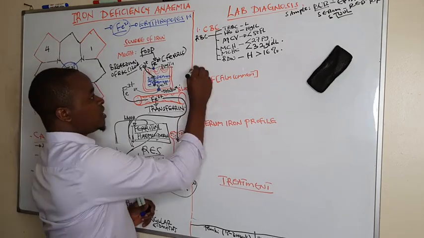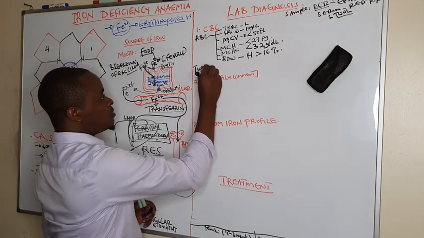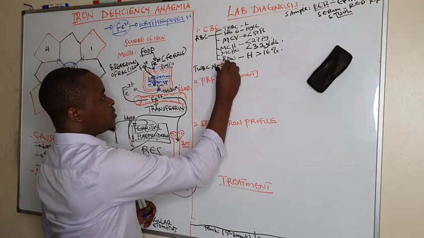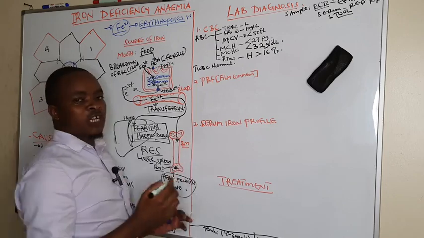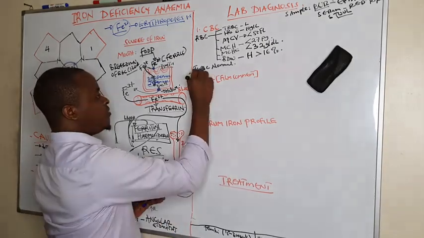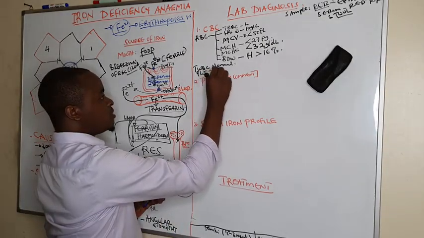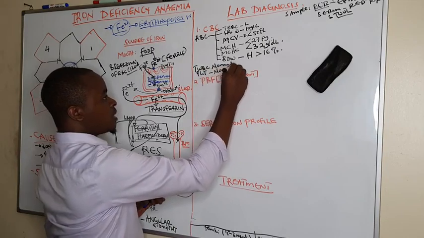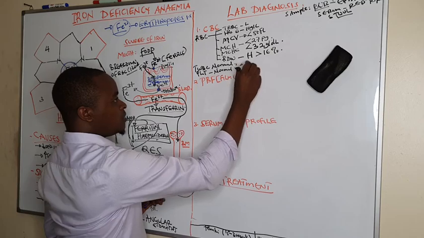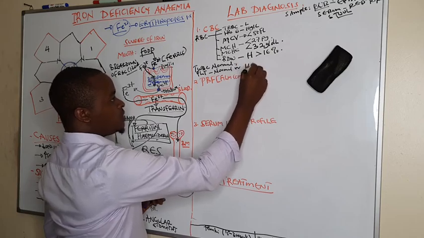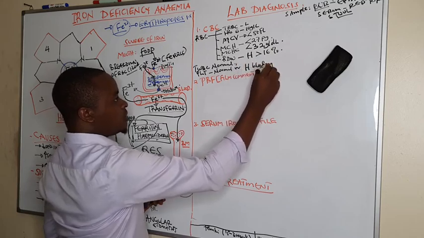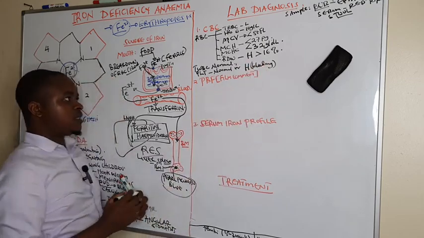Then you will find the total white blood cell count is normal, and the differential count is also normal. Even the platelet count is normal, or it can be high if the cause is bleeding. If there is chronic bleeding, we can see platelets when they are high.